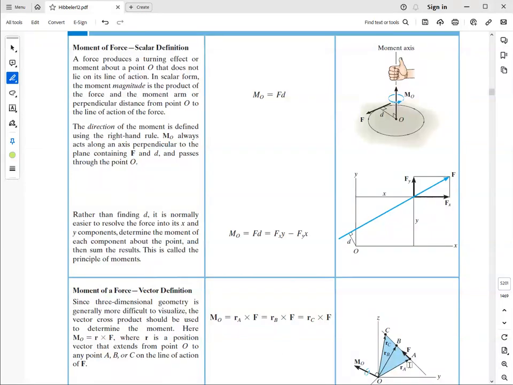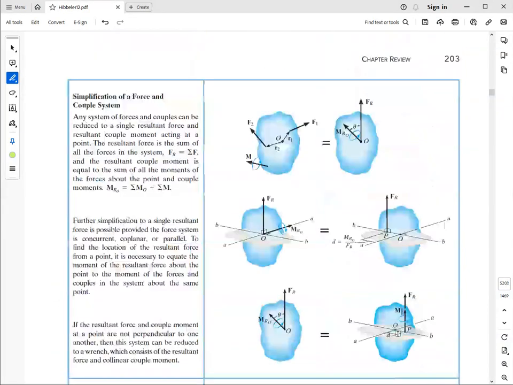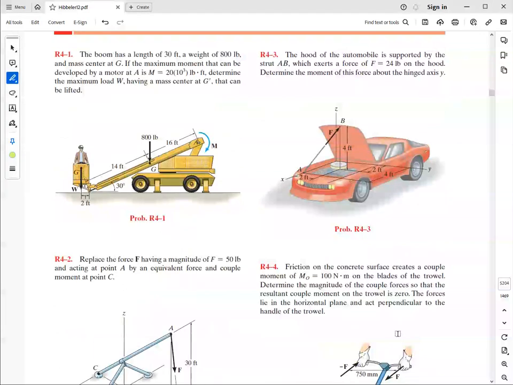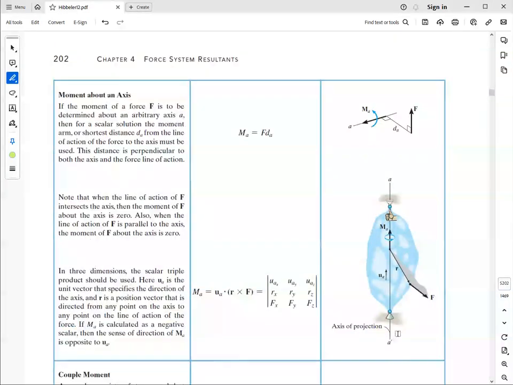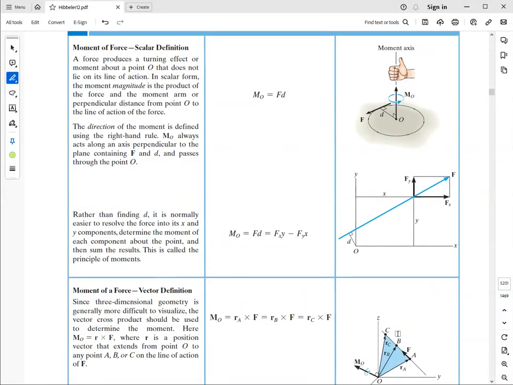Okay, so I'm going to go over the remainder of this current chapter. I forgot, it's chapter 4. So we covered moment of a force, and we learned the definition: moment of a force is force times the distance to the point about which we evaluate that moment.